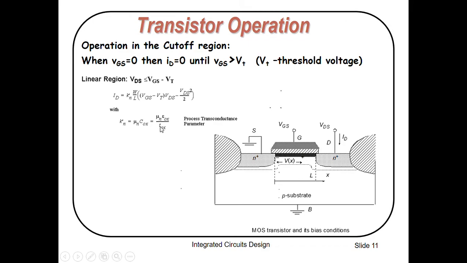So Cox is equal to epsilon ox divided by Tox, where epsilon ox is oxide permittivity and Tox is oxide thickness.